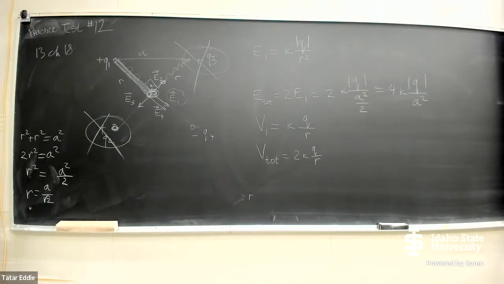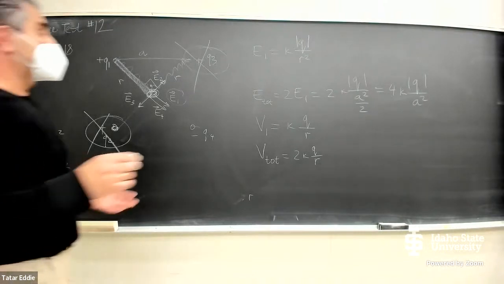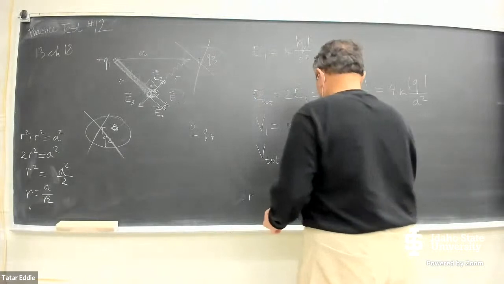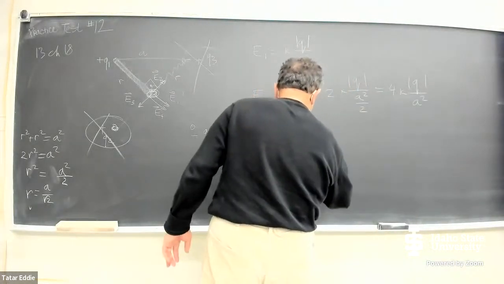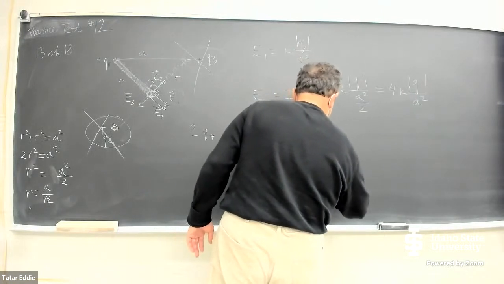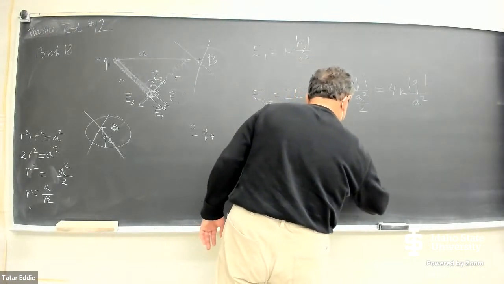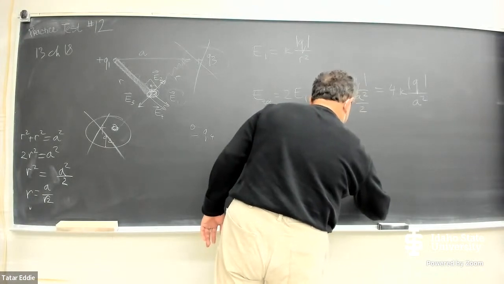Yeah, go ahead and ask. I'm not sure. So if, looking for the voltage, if Q1 was different than Q3 and Q2 in that it had more charge... Oh, you just have to add them. So V total is going to be the voltage from the first plus the voltage of the second plus the voltage of the third plus the voltage of the fourth.